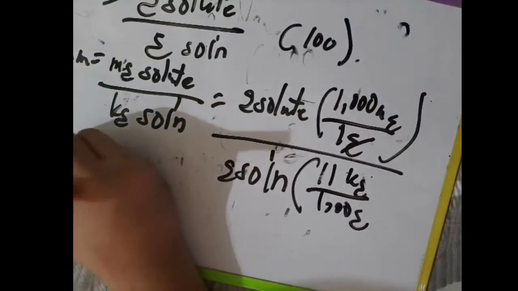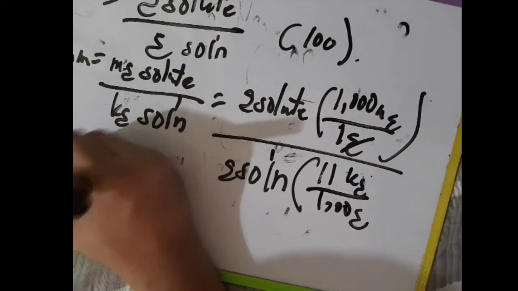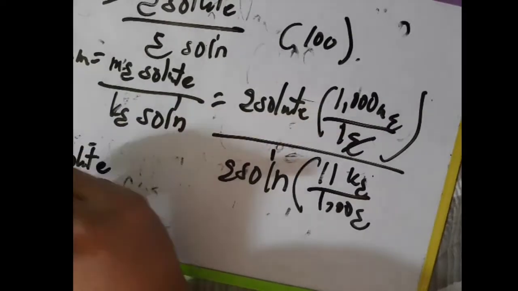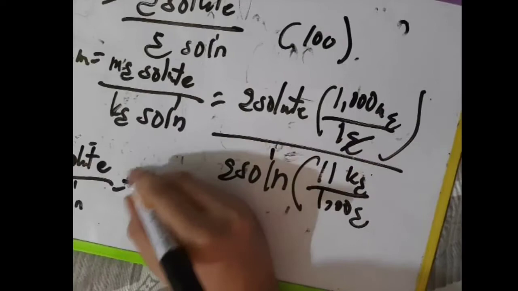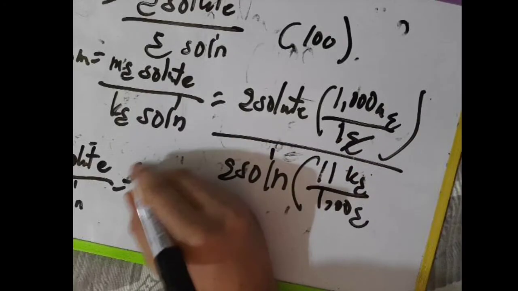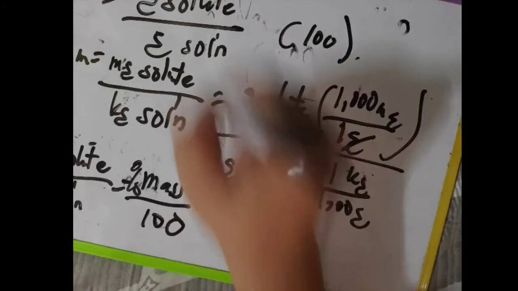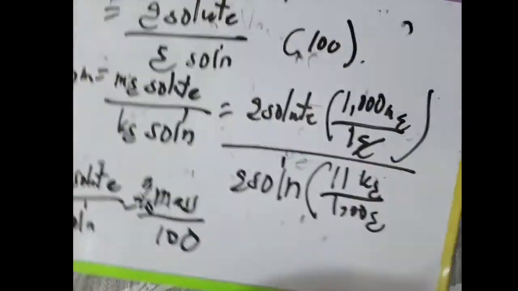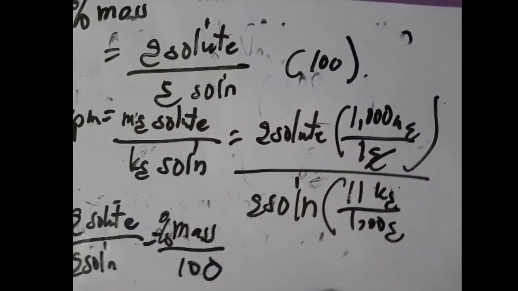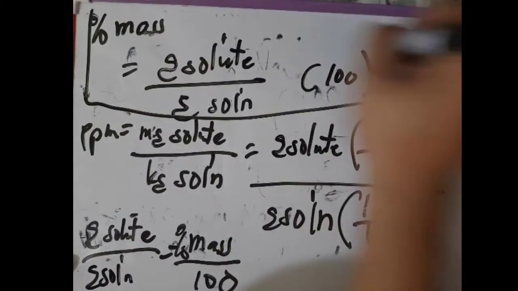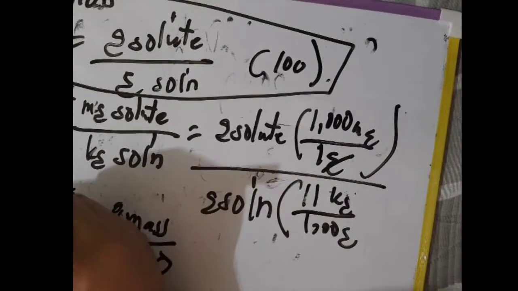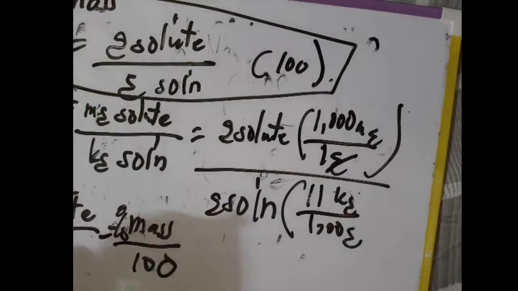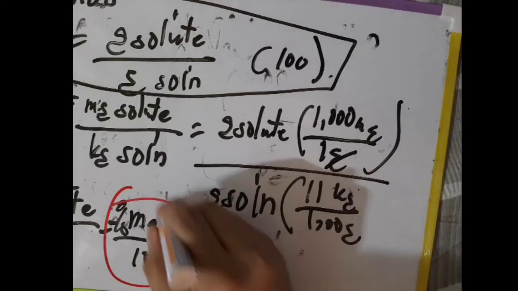Based on that, grams of solute over grams of solution is equal to percent mass divided by 100, by rearranging the first equation. We substitute this expression here.